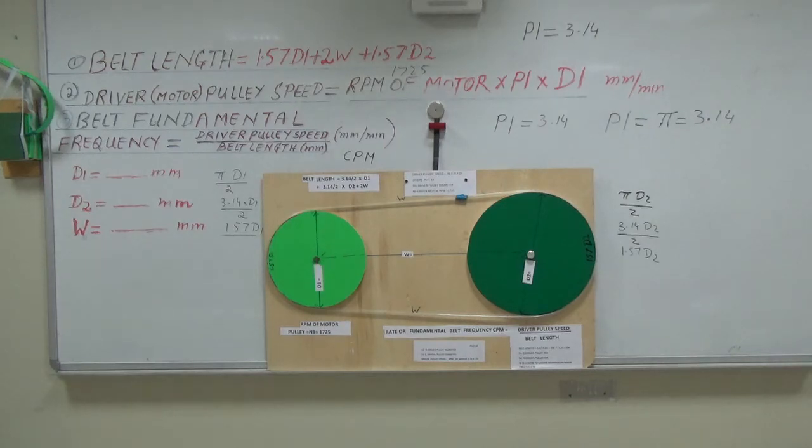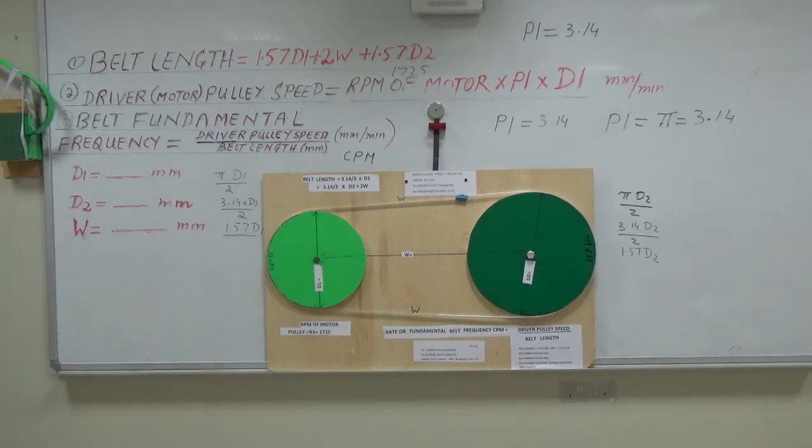So belt fundamental frequency tells us about faults in the belt. In case the belt is worn out, belt fundamental frequency will have a high amplitude, and in case the belt is damaged at some point, then you will get a high peak at 2 times belt fundamental frequency.